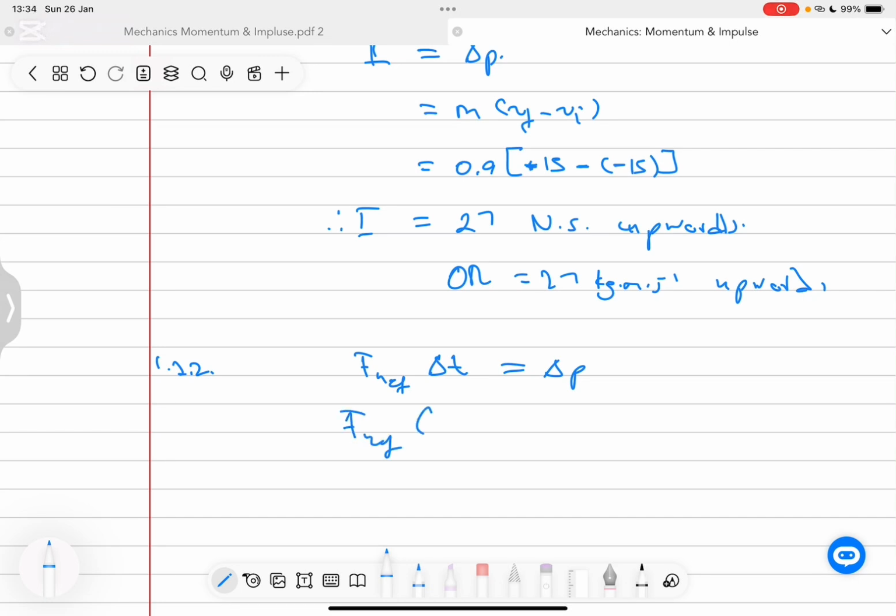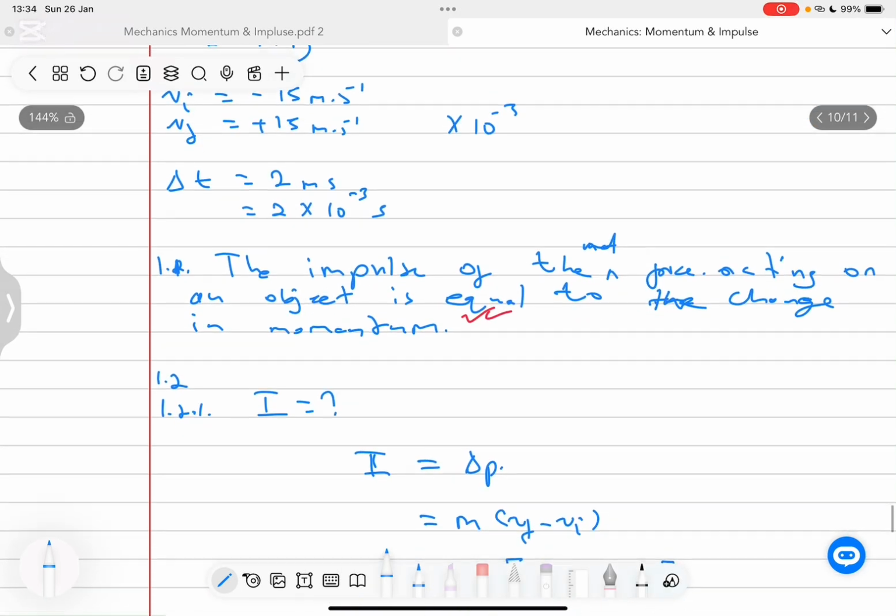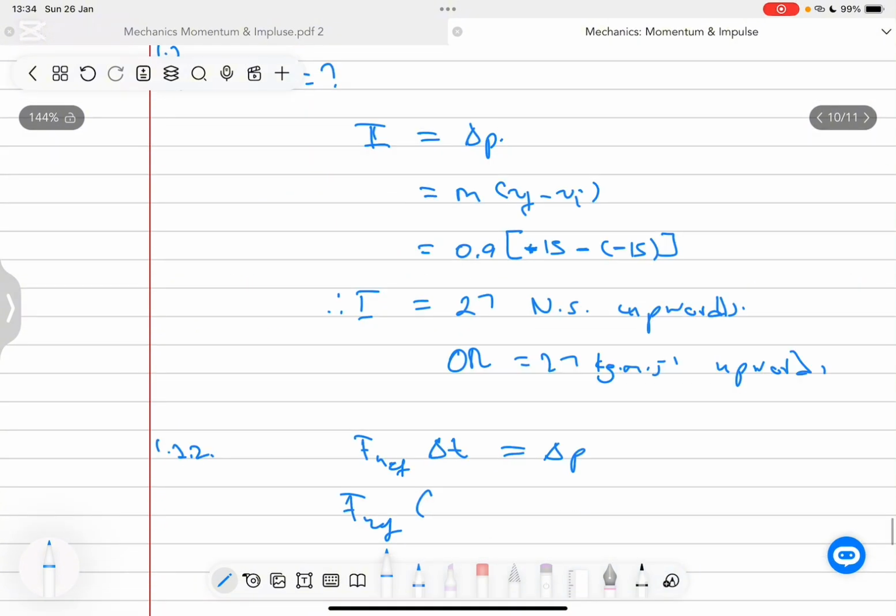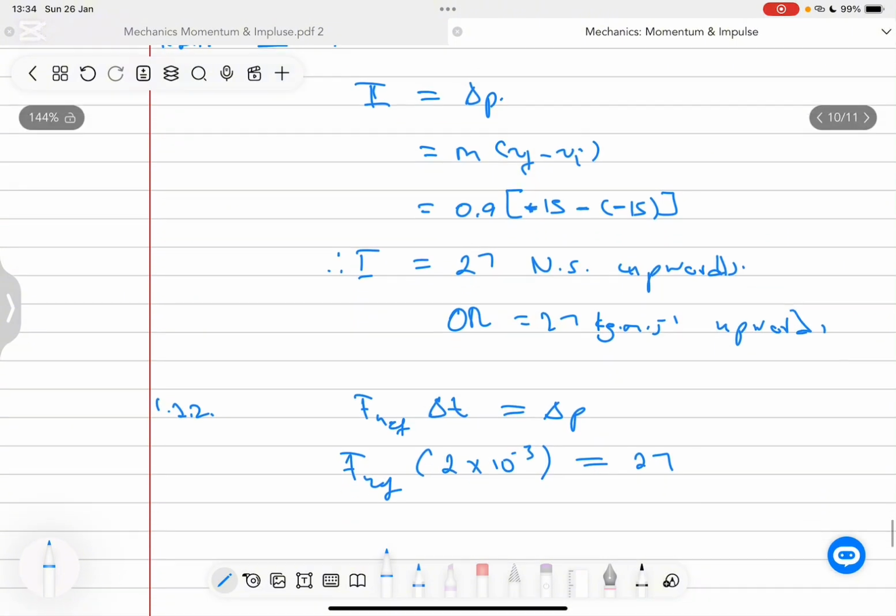We know that the time is actually 2 times 10 to the power negative 3. And our impulse, we really calculated that in the previous question to be 27 Newton seconds.